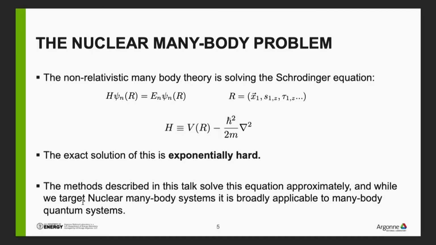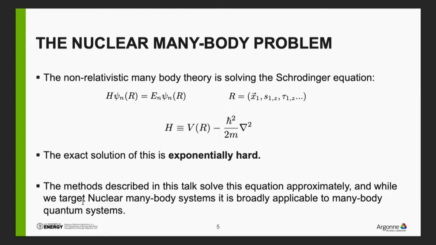You can do it exactly up to about 4 to 6 nucleons. If you want to go beyond that, you cannot solve it exactly, not on today's computers. So what I'm going to talk about today in this talk is methods to solve this equation approximately, though we have quite good results. And we're targeting nuclear many-body systems, but you can kind of extend this to any many-body quantum system.